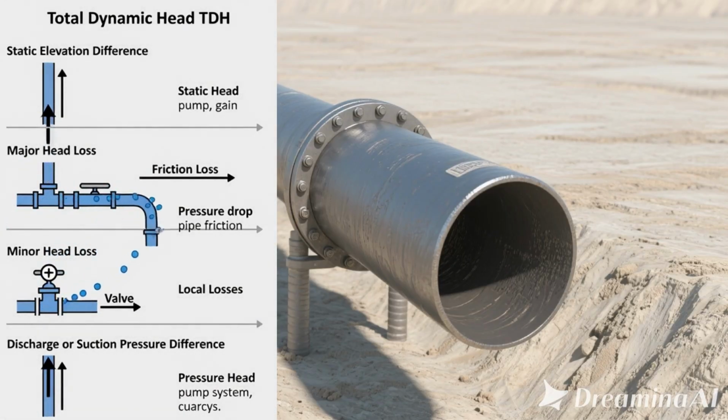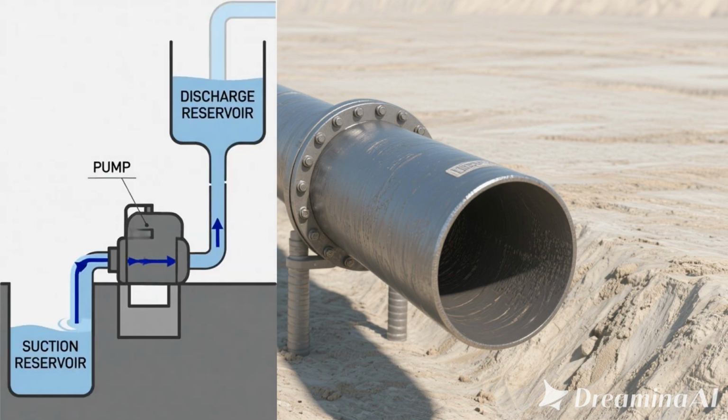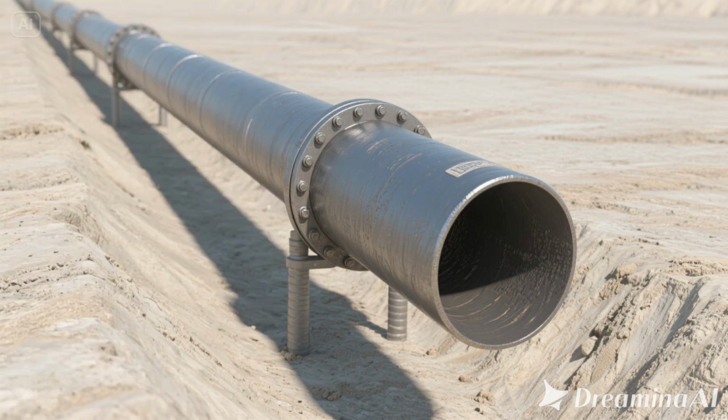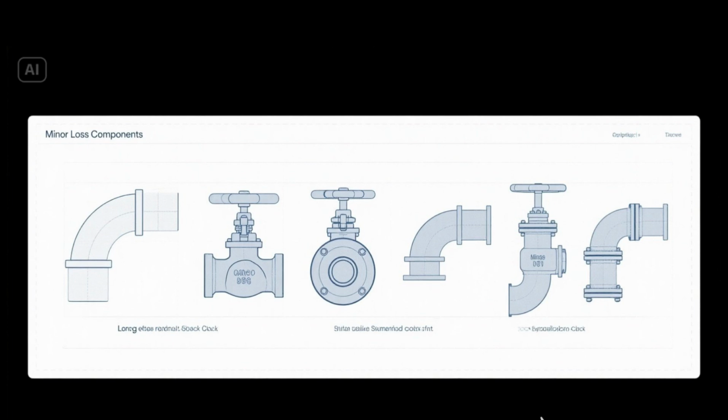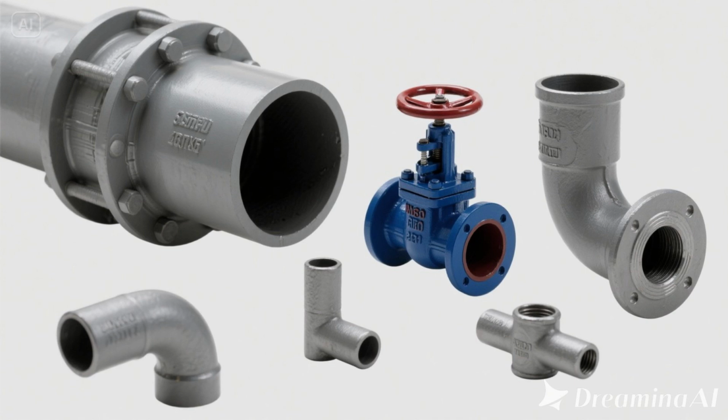Elevation data: static head difference between pump and discharge point. Suction tank conditions. Discharge pressure if into a pressurized vessel. Minor loss components: quantity of fittings, long radius elbows, gate valves, check valves, T-branches, sudden contractions or expansions.